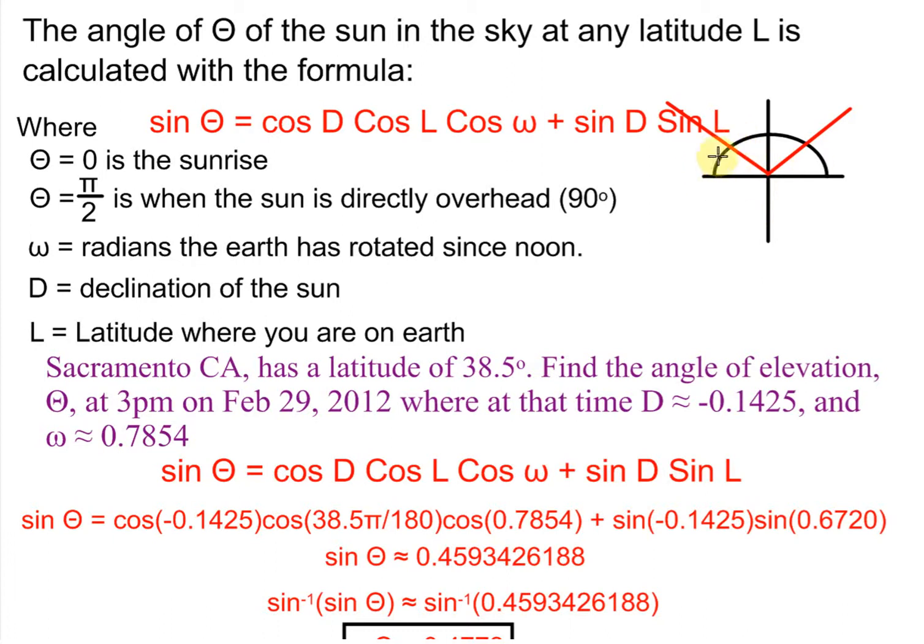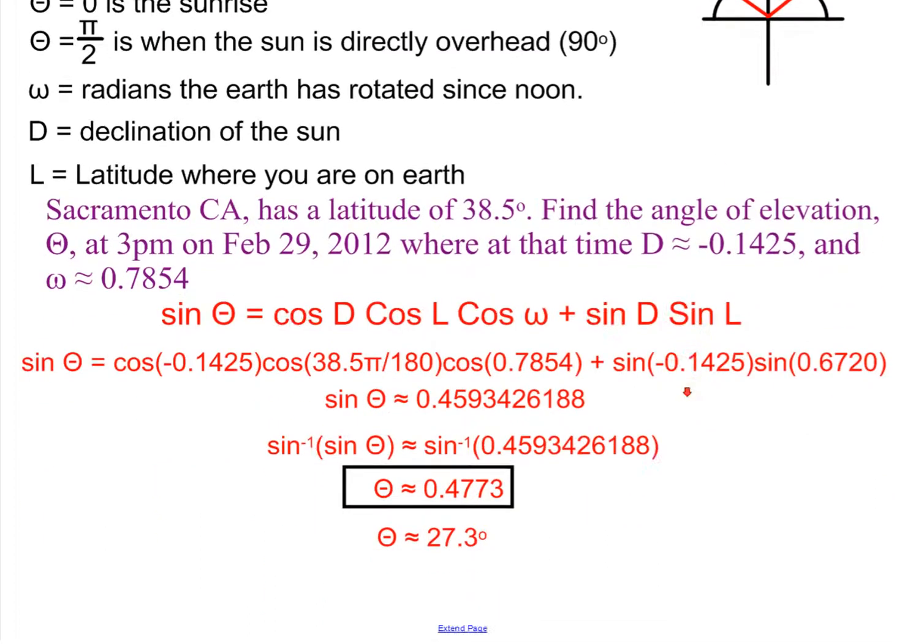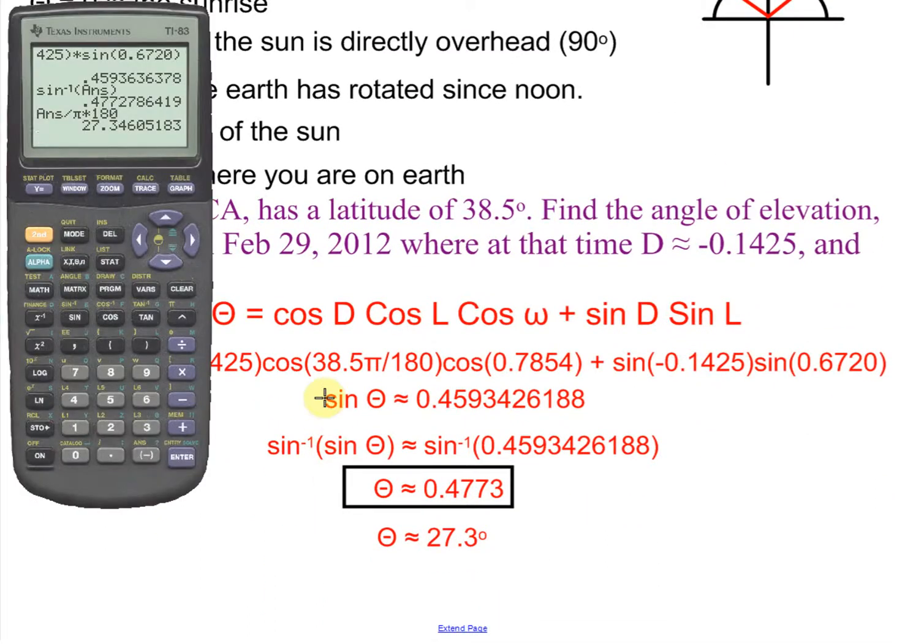So this angle here is 27 degrees. It's 27 degrees back from 180. So that will mean we're going to take 180 minus the answer we had to give us that this is 152.6 degrees is the actual length or rotation that the sun has gone through.